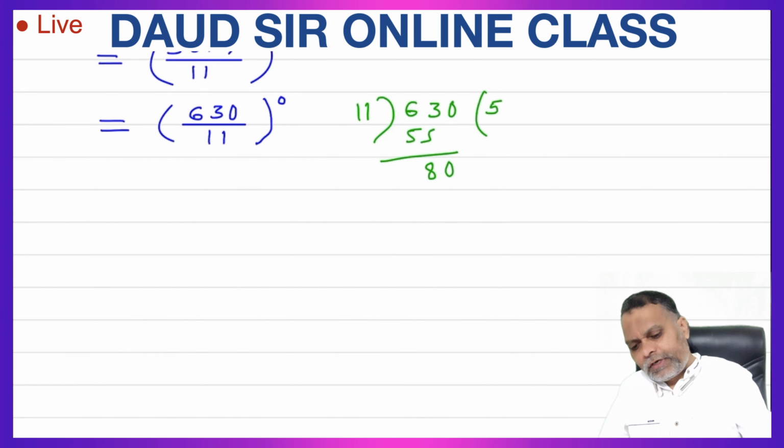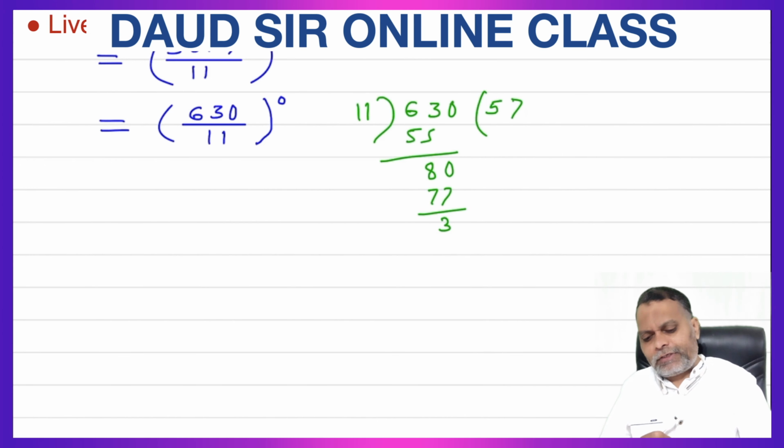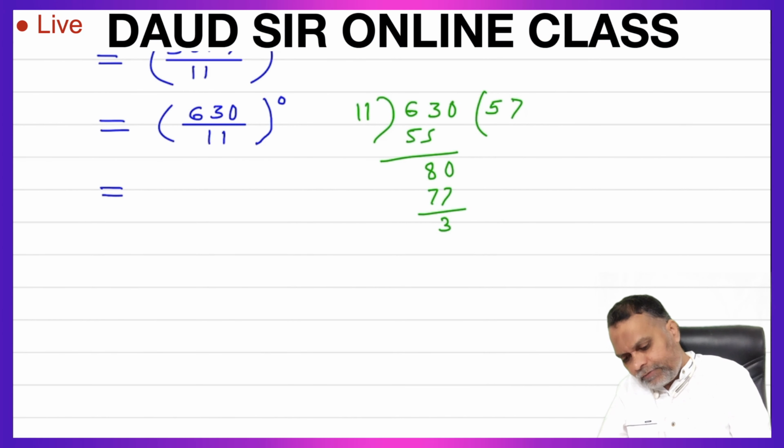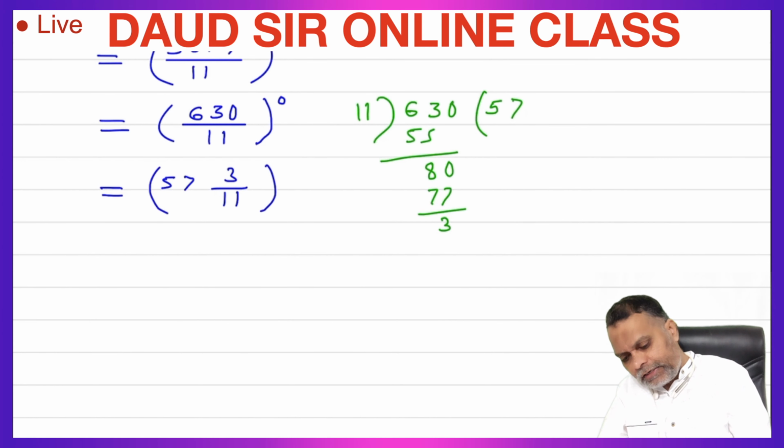Bring down 0. 11 7s are 77. This leaves 3. Remainder is 3. So this 630 upon 11 degree we can write as 57 and 3 upon 11 degree.